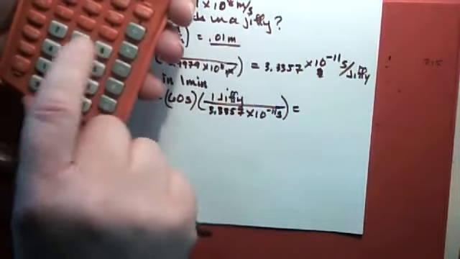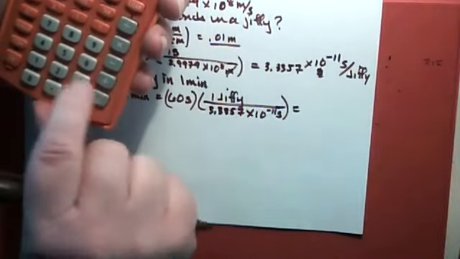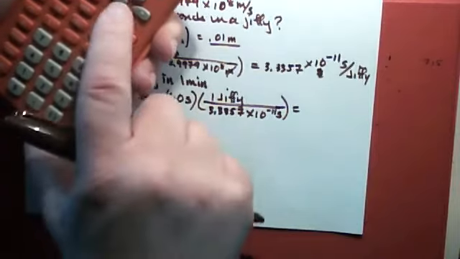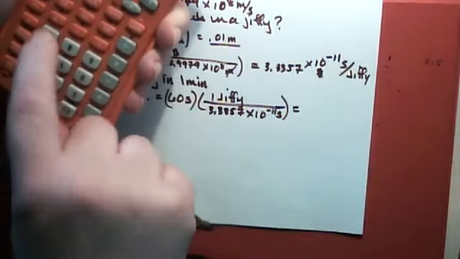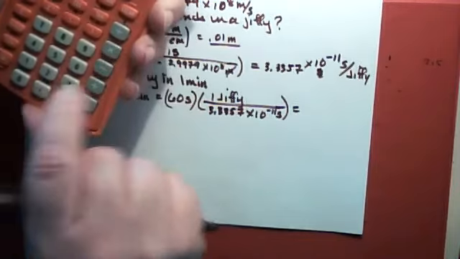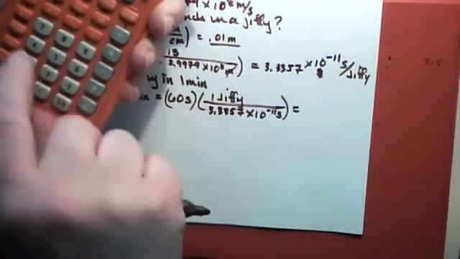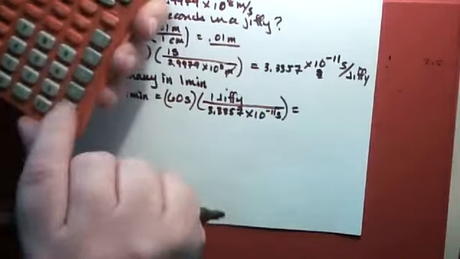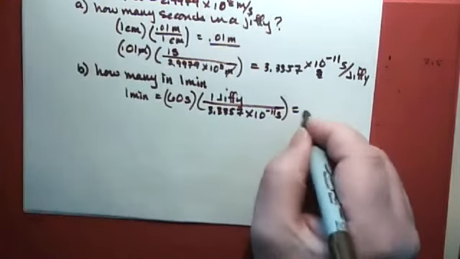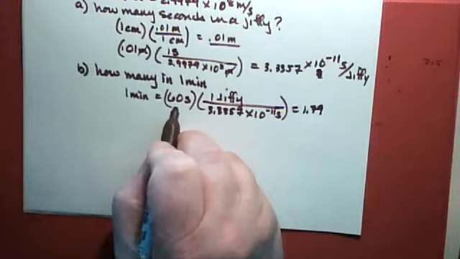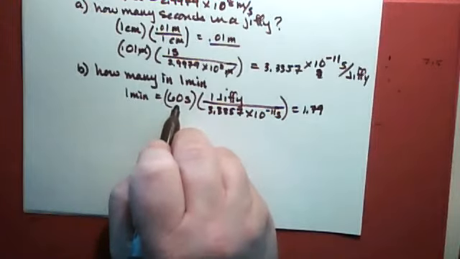60 divided by parentheses 3.3357 times 10 to the minus 11, close parentheses, equals 1.79. 60 seconds per minute is an exact number, so that's infinite significant figures.